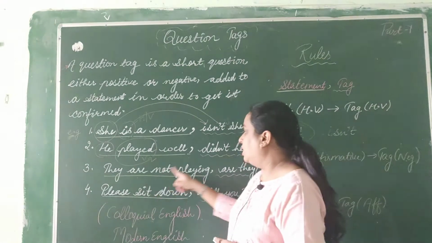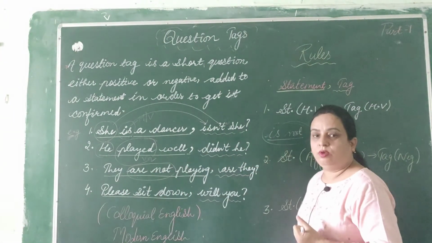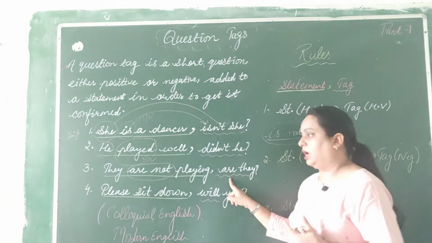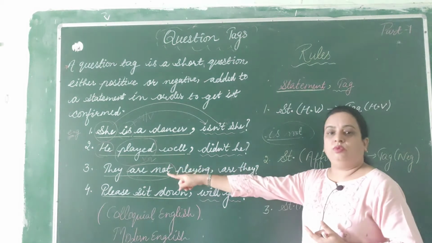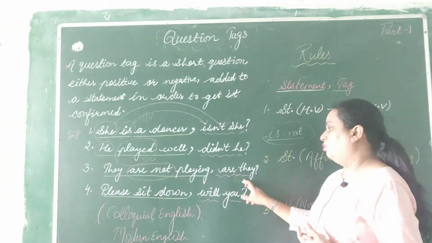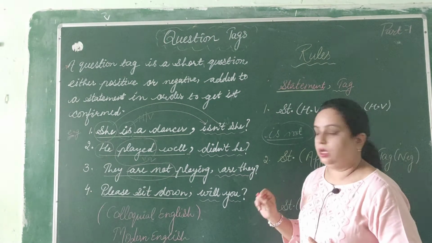So "they are not". Now what is the helping verb here? "Are not", which is already given in negative form. So what will we do? The positive form of "are not" is "are". And what is the subject there? The subject is "they", and that is already a pronoun, so we give "they". And don't forget to put the question mark after that, okay?